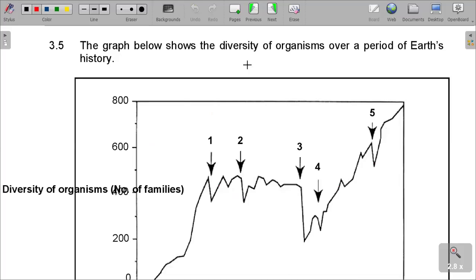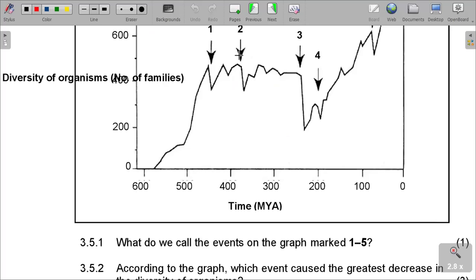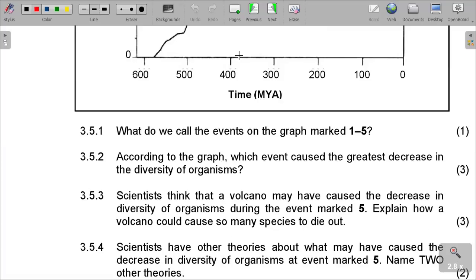Question 3.5. Question 3.5 is saying the graph below shows the diversity of organisms over a period of Earth's history, in millions of years ago, and the diversity of organisms is shown there.